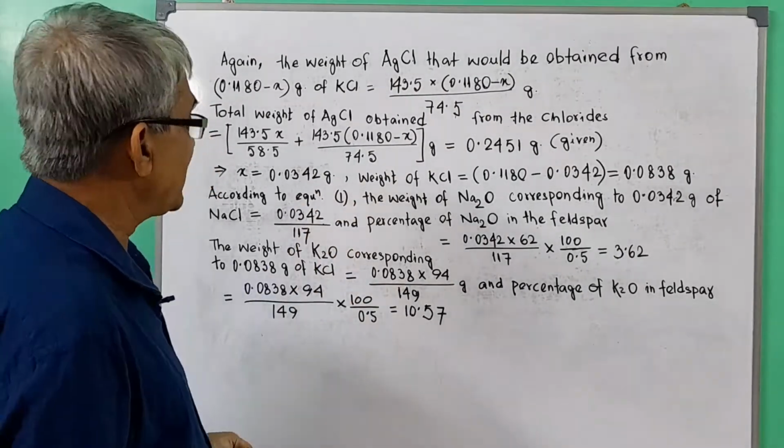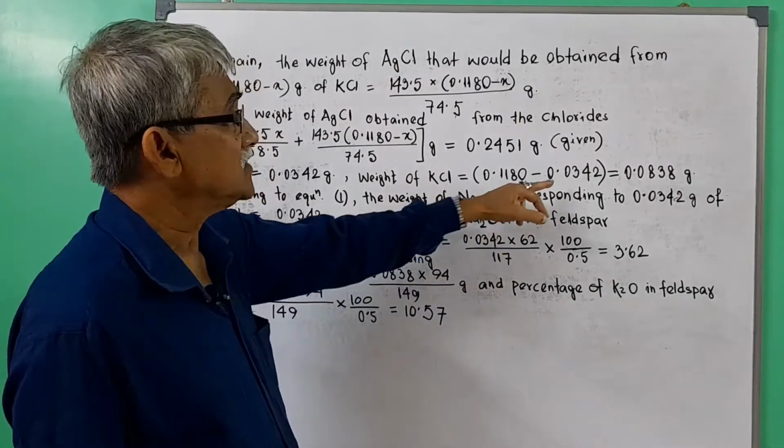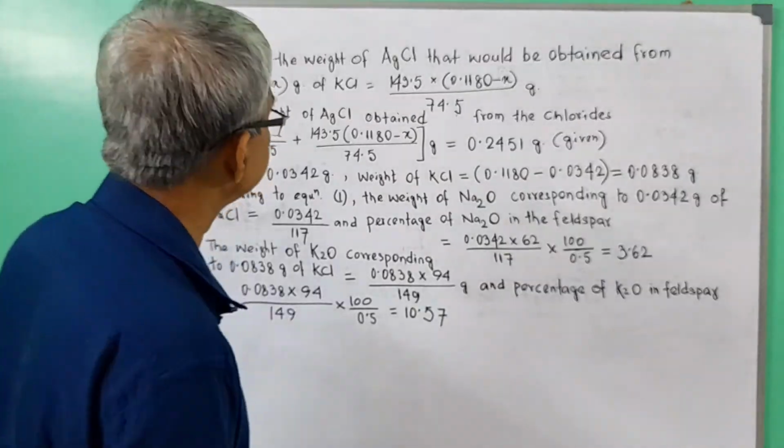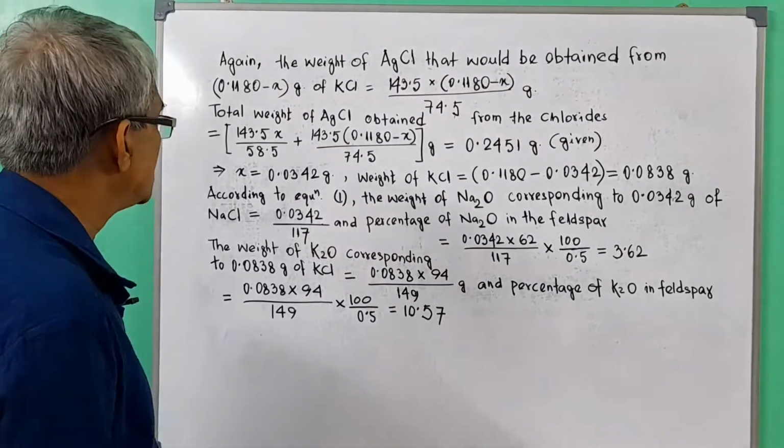Therefore, the weight of KCl will be 0.1180 minus 0.0342, which equals 0.0838 gram.